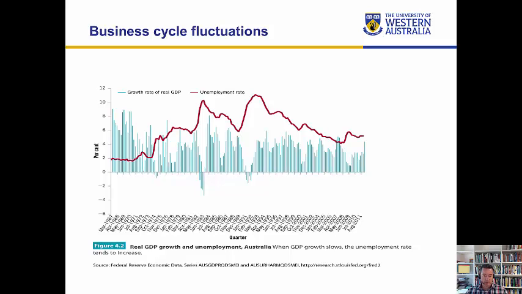Now, the thing I want you to focus on here is that the unemployment rate during a recession increases quite quickly. But after the recession is over, which is typically 6-12 months later, the unemployment rate remains stubbornly high for quite some time. We can see that in this graph.